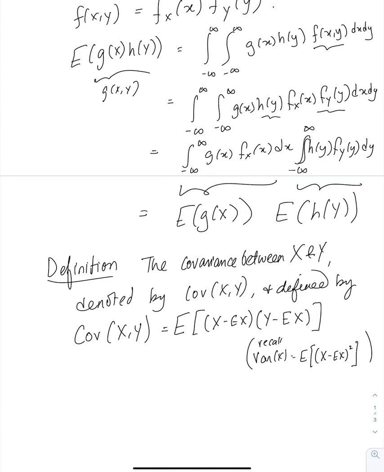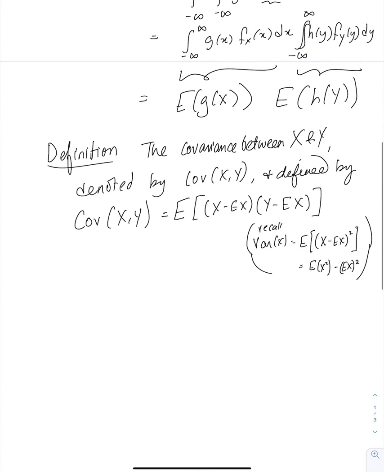Just like you had with the variance, you could rewrite it in a certain way using the definition. Once you open up the square, you had that this was the expectation of X squared minus the expectation of X, whole squared. We can do something similar over here, and let's work that out. So the covariance of X and Y is the expectation of X minus E of X times Y minus E of Y. Let's open that up.